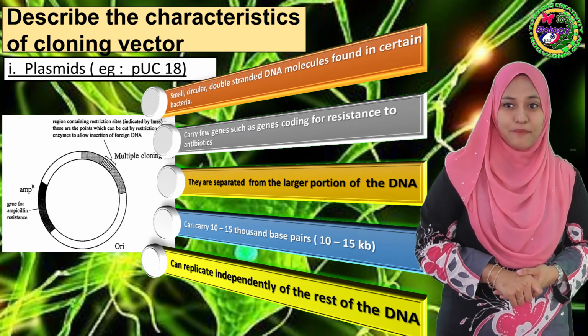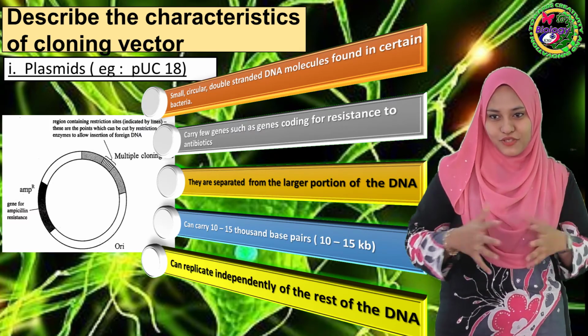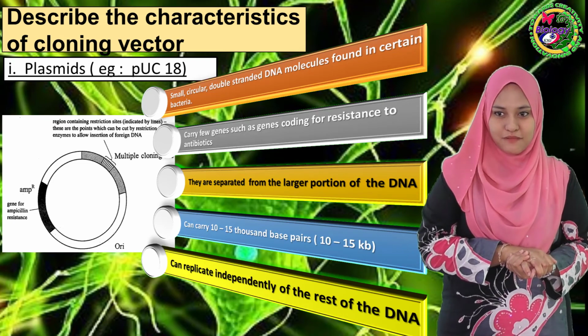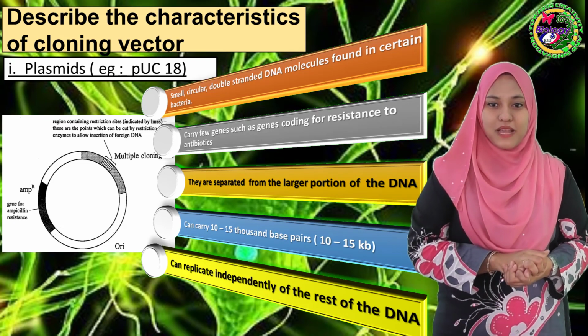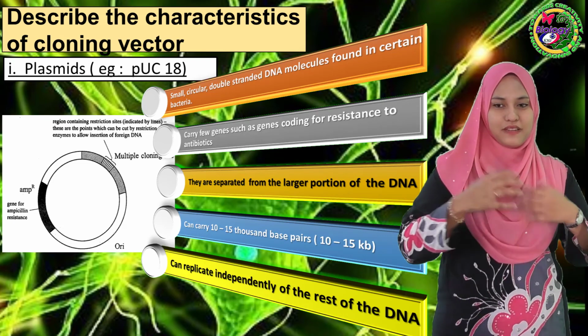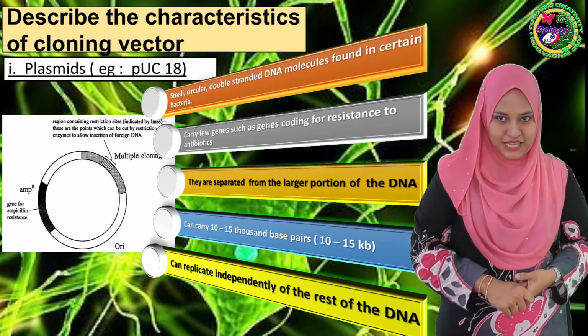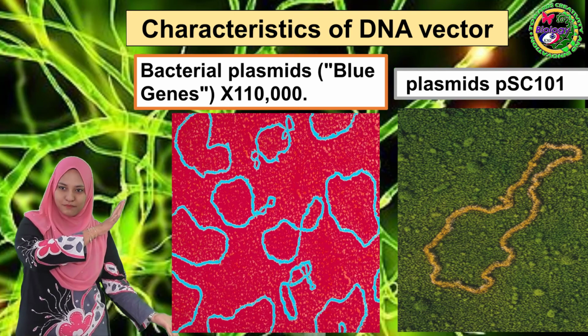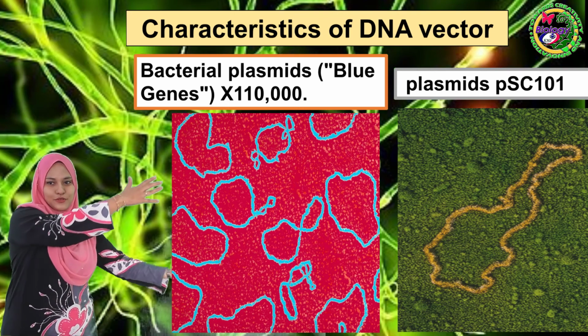Plasmids are separated from the larger portion of the DNA and can carry up to 10 to 15,000 base pairs. Plasmids can replicate independently of the rest of the DNA. The picture shows how a plasmid looks under the microscope.